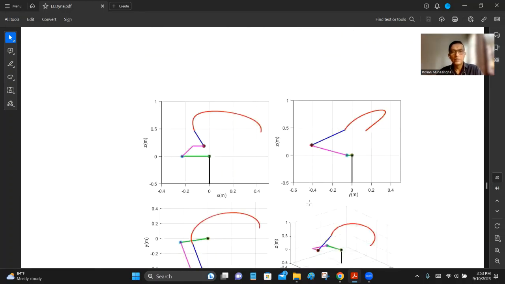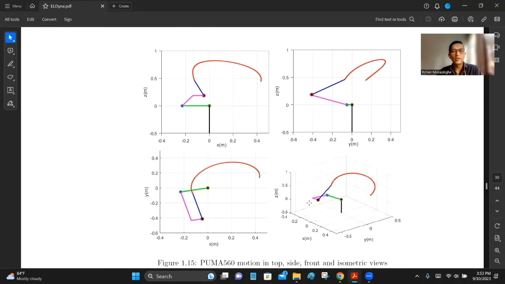And this is the illustration: if you look at the X direction, this is what you see from start to end. And if you look at the same thing along the Y direction, this is what you see. Okay. And if you look from the top, you see the XY plane. This is like this, and then this is what is called the isometric view.